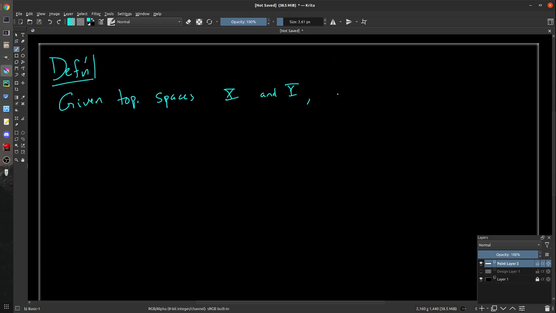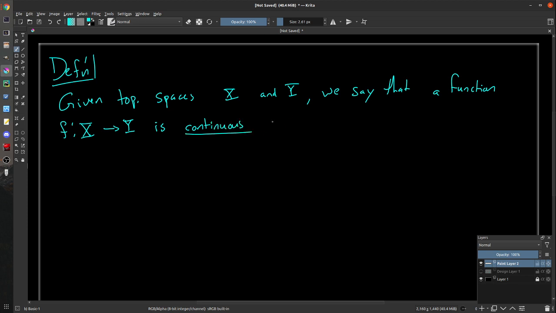Given two topological spaces, X and Y, we say that a function f from X to Y, it takes things in X and sends them to Y, is continuous if, well, okay, here I'll do it.